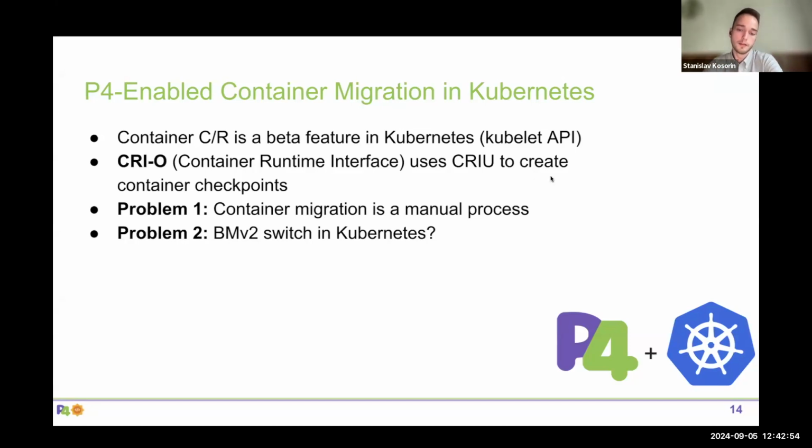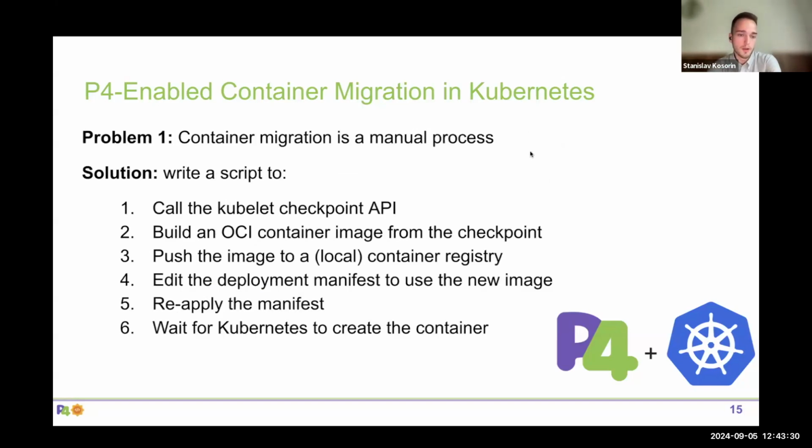There are many problems with this because container checkpointing in Kubernetes is not meant for live migration, it's meant for forensic purposes. The main 2 issues we identified immediately were, first, it's a very manual process, the container migration from the checkpointing to the restore. And also, how do we include the BMV2 switch in the whole Kubernetes ecosystem in a way that's reasonable?